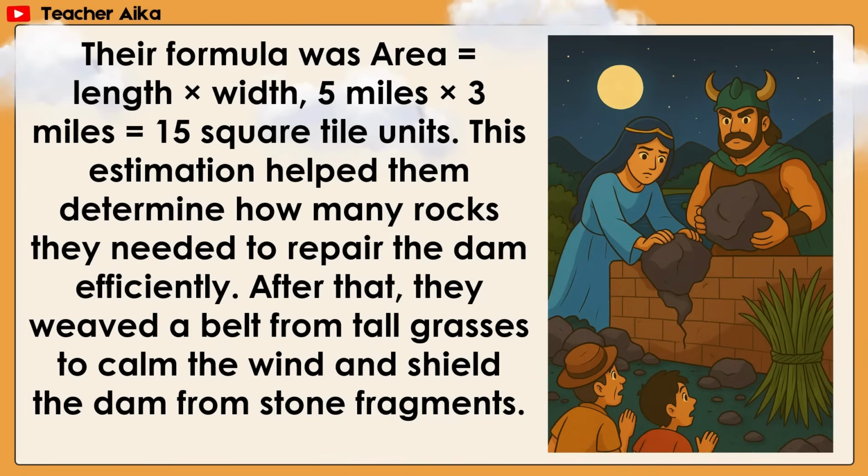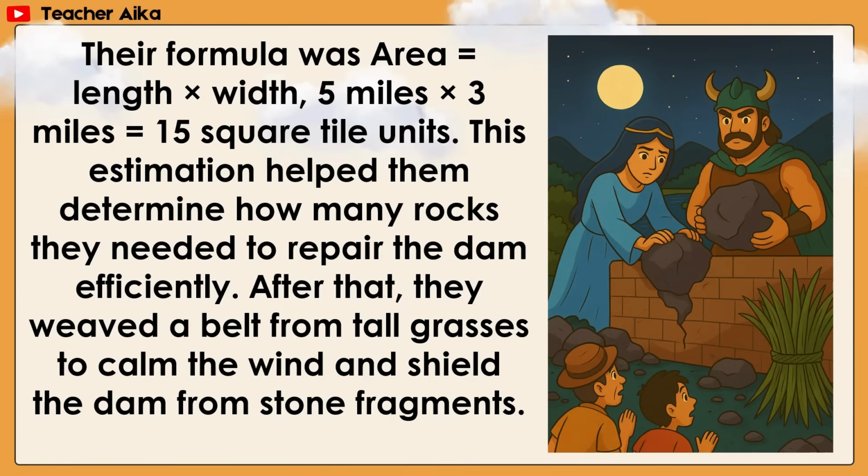Their formula was area equals length times width. 5 miles times 3 miles is equal to 15 square tile units. This estimation helped them determine how many rocks they needed to repair the dam efficiently.